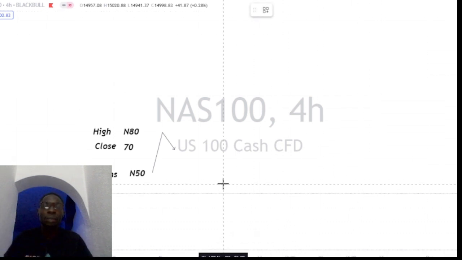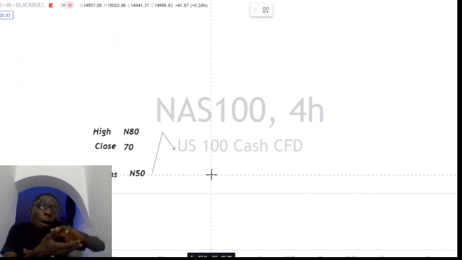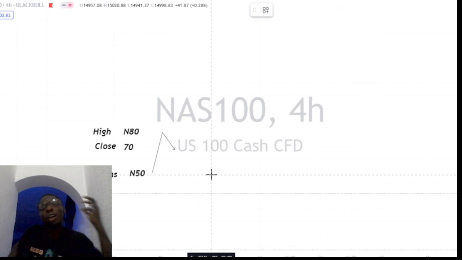Look at it. The candlestick has two parts. I gave you four pieces of information, but it has two parts. Let us differentiate it. The psychology of the candlestick gives us four pieces of information, and then the parts of a candlestick are two. What are the two parts?